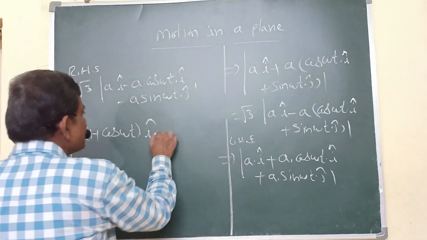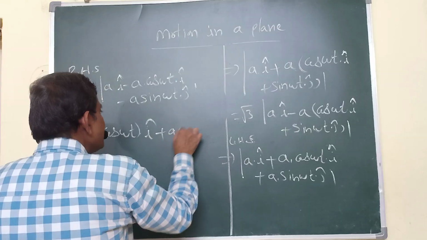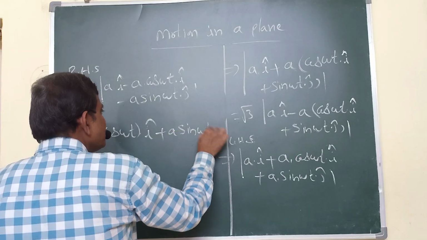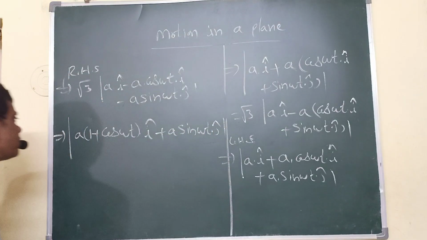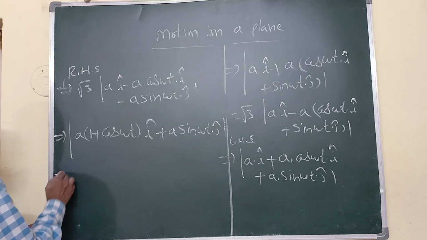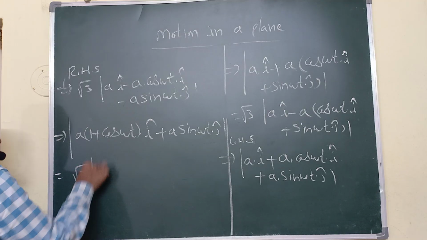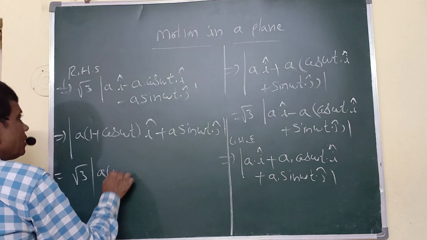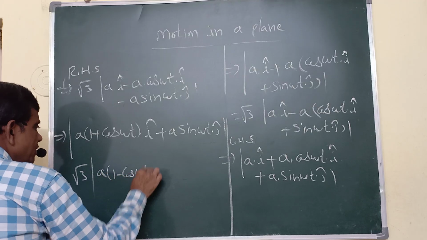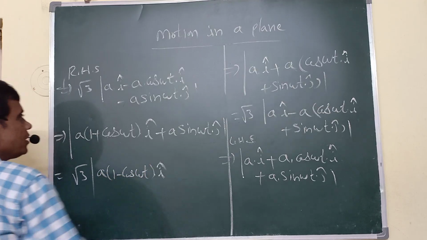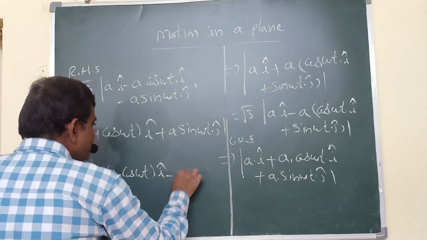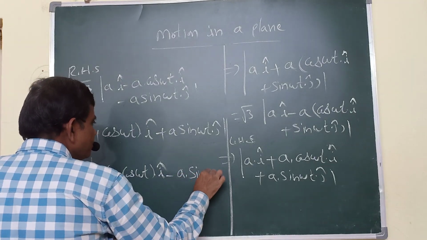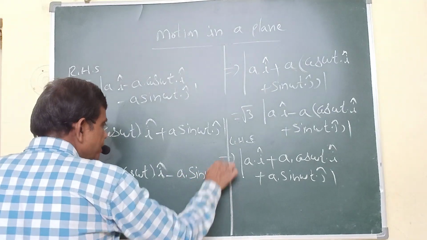Similarly plus A sin omega t into j, totally the y component. That equals root 3 into mod of A times 1 minus cos omega t into i minus A sin omega t into j.